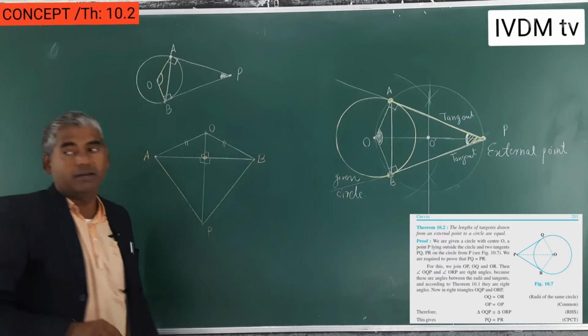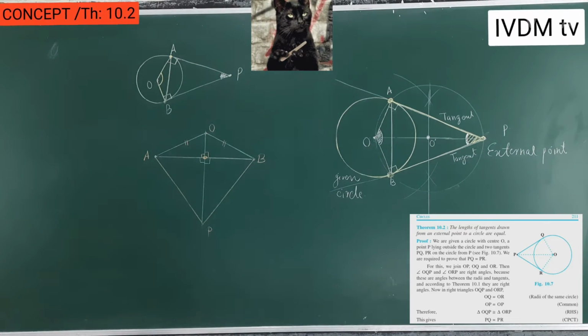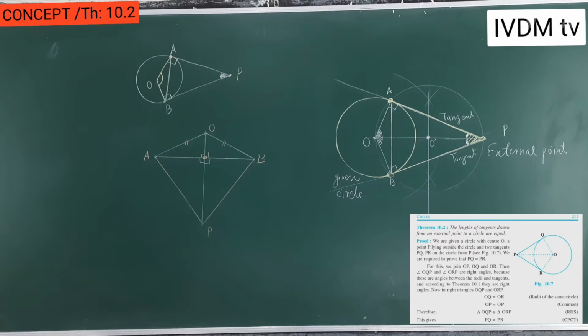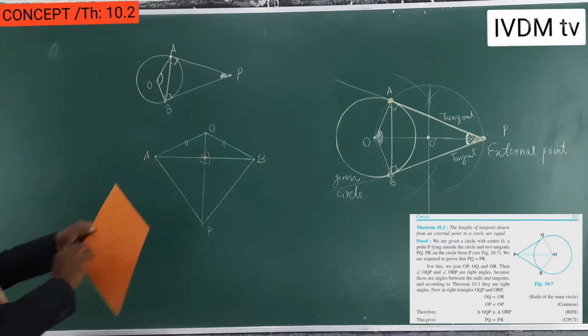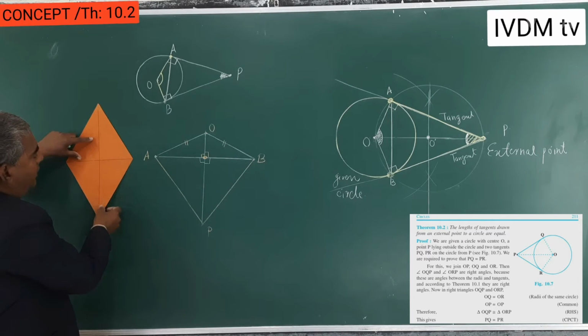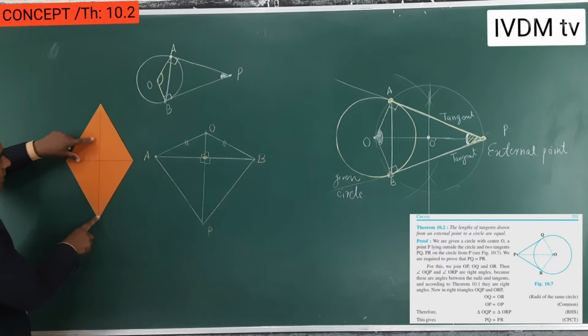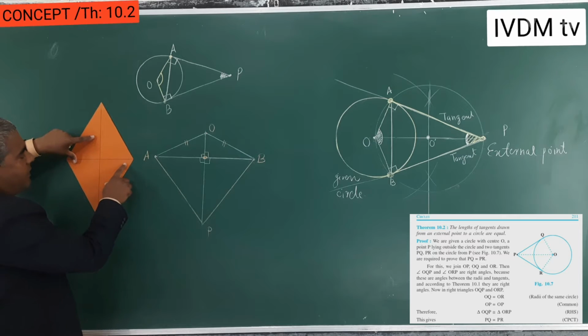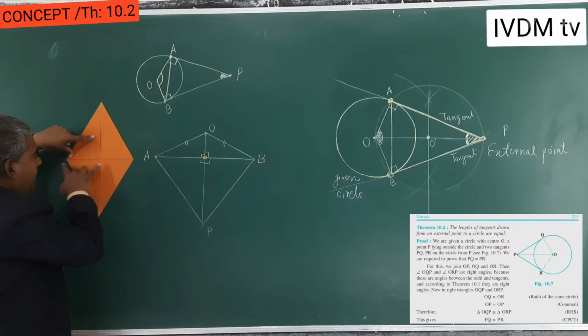That is why, just like in a parallelogram, the diagonals, this is bisected, this is also bisected.